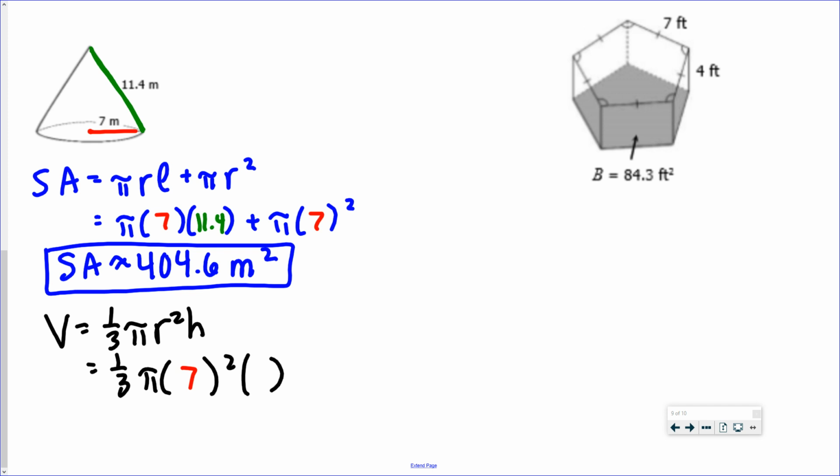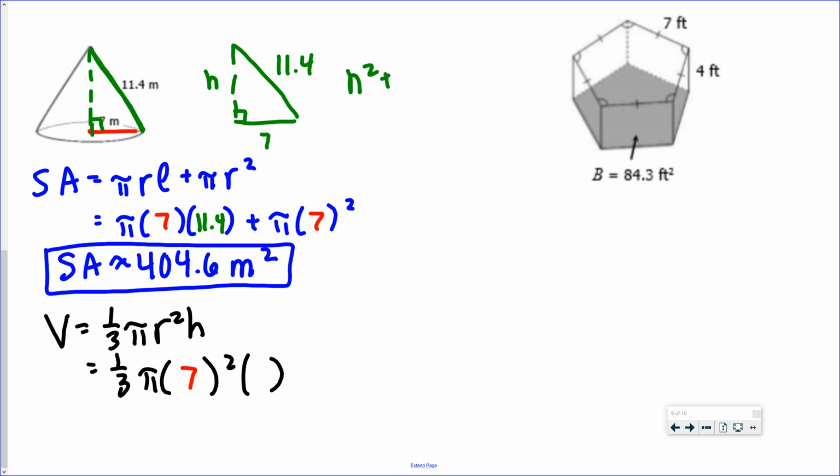Now, H stands for the height of my cone, which is not the slant height. That'd be this height right here. So this one's perfectly drawn to scale. We can see that right triangle. Everybody see it? We know this is 11.4. We know this is 7, my radius. I'm trying to find this.